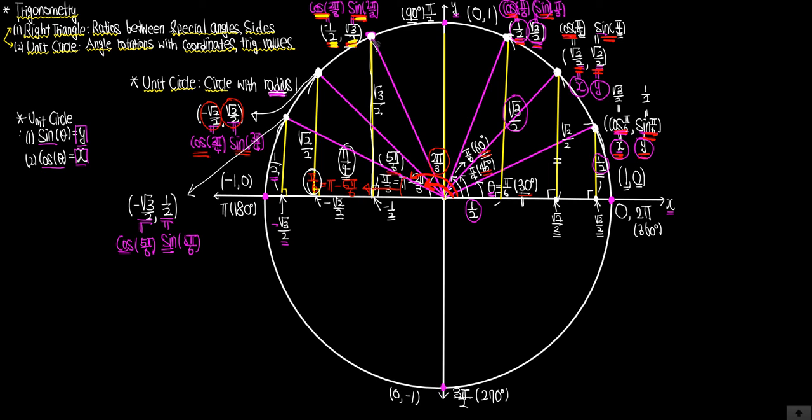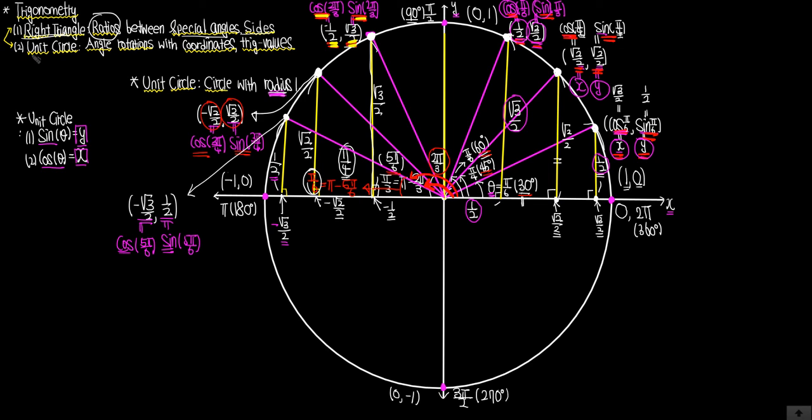We can do this because the obtuse triangle and the acute triangle that share the same coordinate have exactly the same cosine and sine values for that coordinate. We couldn't apply our right triangle ratios between special angles and sides because they can only be applied to acute angles.